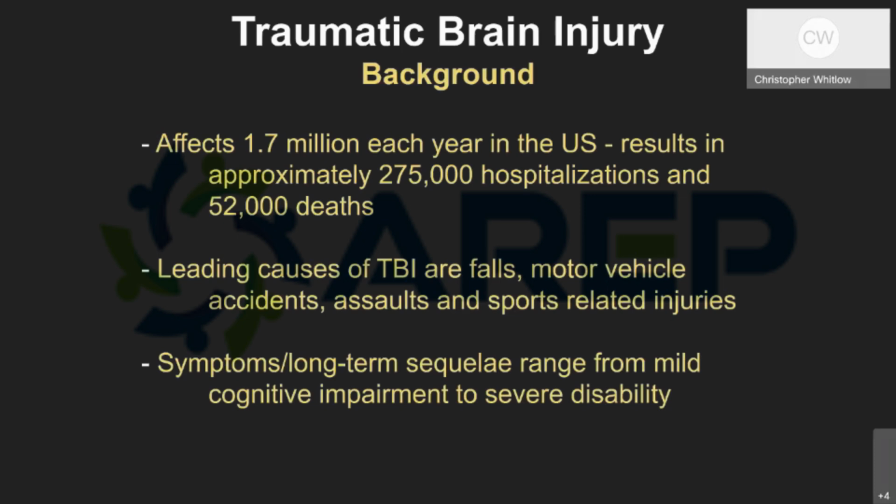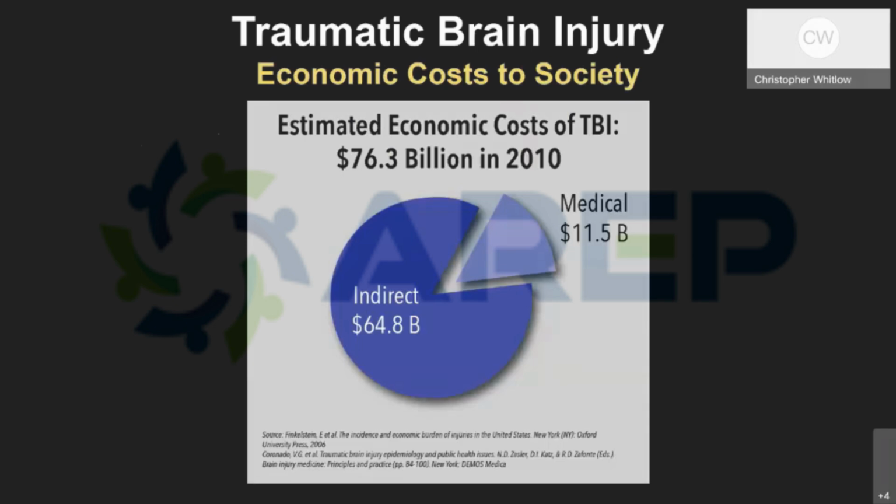And of course, the leading causes of TBI are things like falls and motor vehicle accidents, assaults, and one of my interests, which is sports-related injury. And for those who survive, the long-term sequelae can range from mild cognitive impairments to really severe disability. The economic burden, at least in our country, is quite high, which I believe is also true around the globe. So lots of dollars spent on traumatic brain injury.